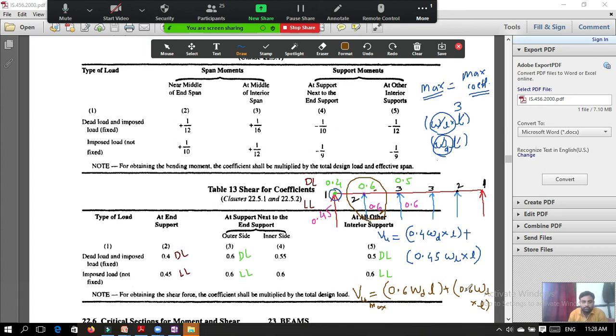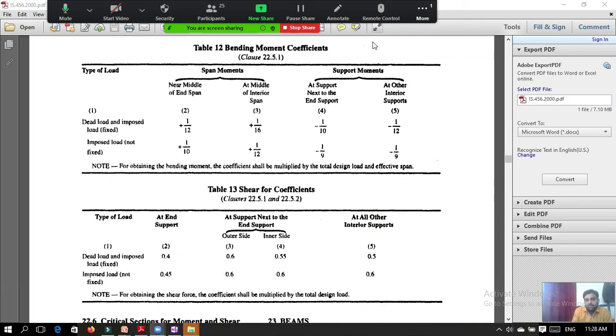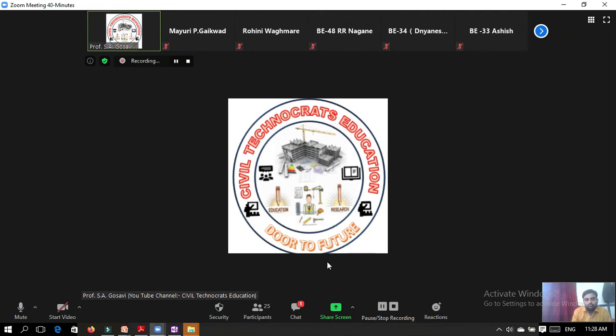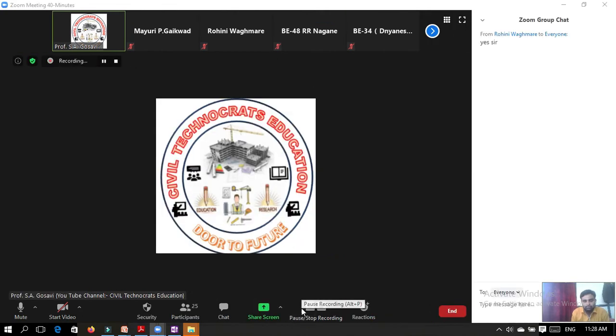I hope you are clear with whatever explanation I have given right now. Now we will move to our slide and let us check what coefficients we have considered. So these coefficients finally we have taken to calculate the maximum shear force, 0.6, 0.6 for dead load and live load. So let's move back to our slide.